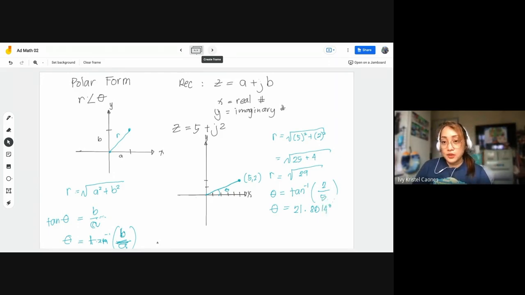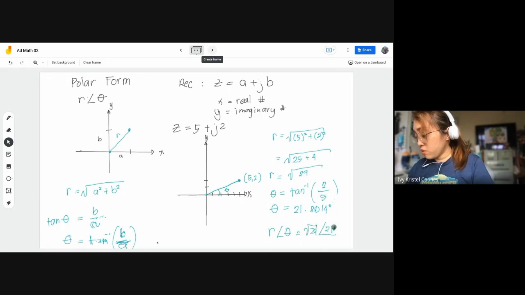Okay? Just remember, in terms of electronics, we usually use 4 decimal places. The answer, r bar angle theta, will be square root of 29 bar angle 21.8014 degrees. So that is your polar form.